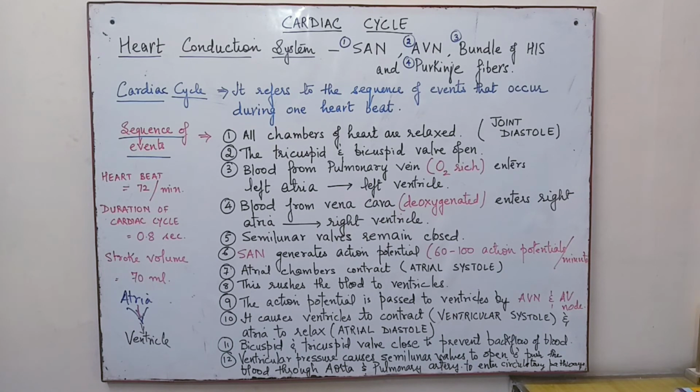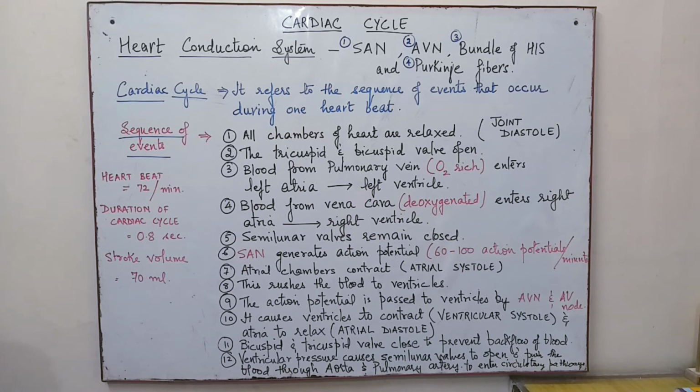Now, after passing the blood to the pulmonary artery, which will carry the blood to the lungs, and the aorta, which will carry the blood to different parts of the body, the ventricles now relax and then they enter into the phase of ventricular diastole.